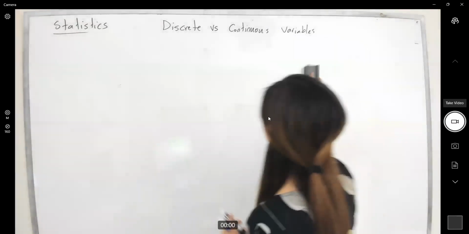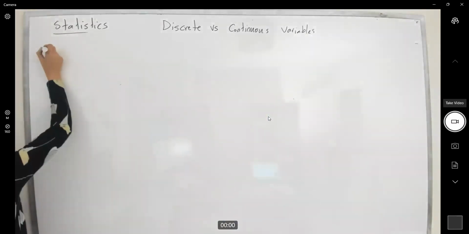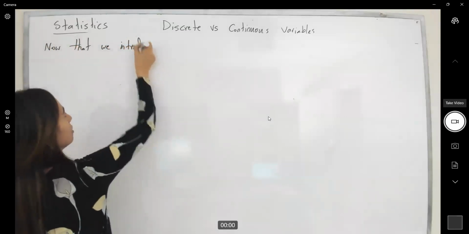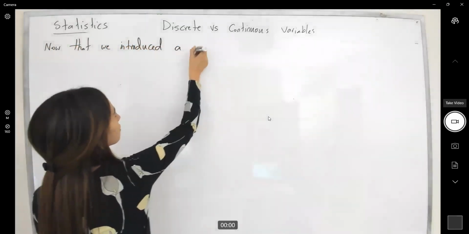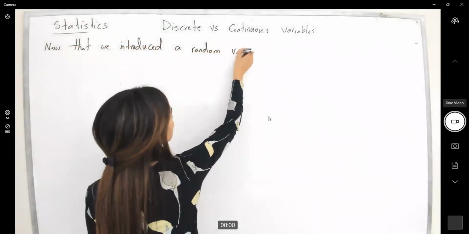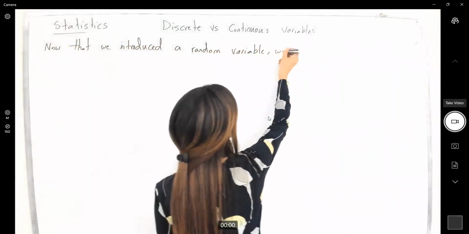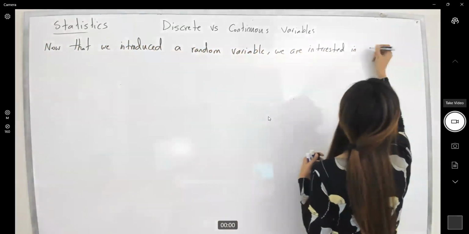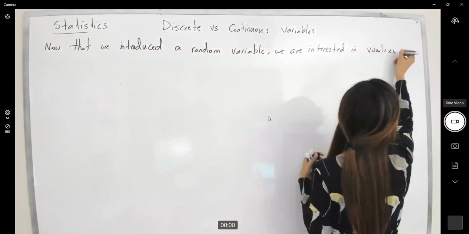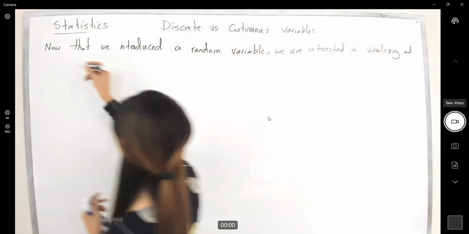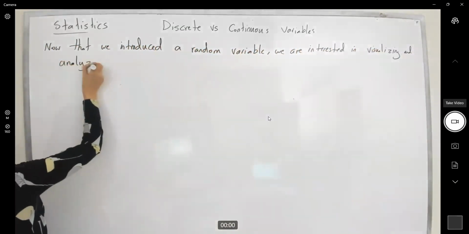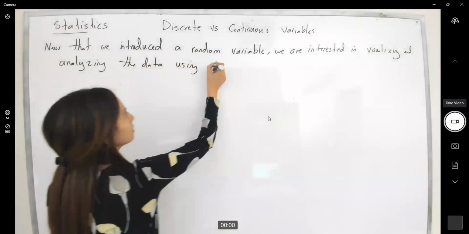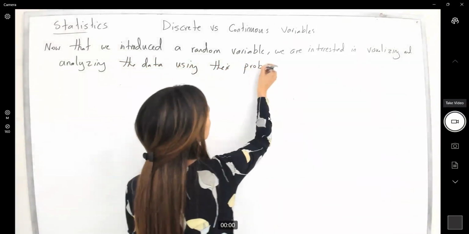Take a look at this. Now that we introduced a random variable, we are interested in visualizing and analyzing the data using their probability distribution.